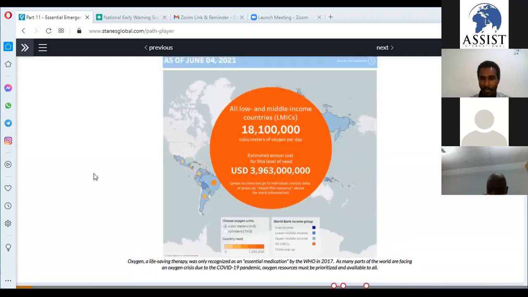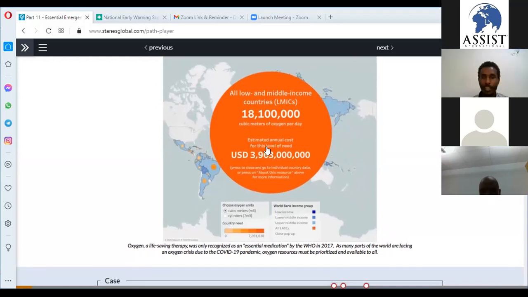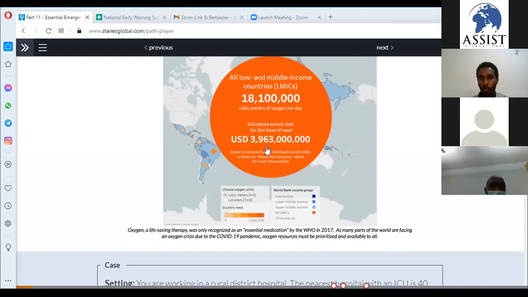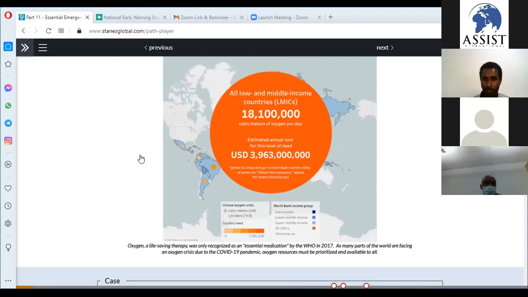So as the report shows that especially the low and middle income countries need more than 80 million cubic meters of oxygen per day for the management of COVID patients. And the world global level, around 3.9 billion cubic meters of oxygen is said to be needed for COVID management as of November 2021.